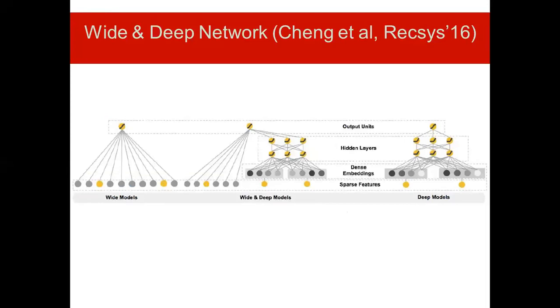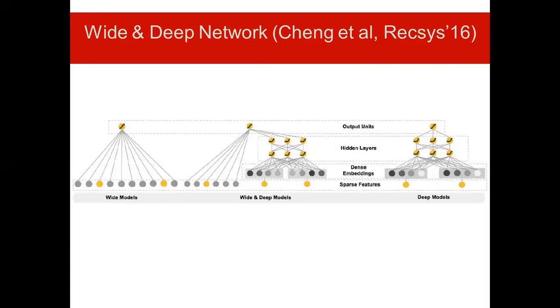For example, for logistic regression, you just take a linear transformation of the features, and then apply a sigmoid function, and then produce the output probabilities. Because you have many features, your model is very wide. The deep learning models usually are very deep. Instead of applying just one layer of transformation, you apply multiple layers, so it will be very deep, like in computer vision, where some of the models have more than 1,000 layers.